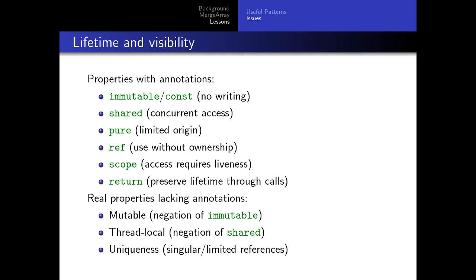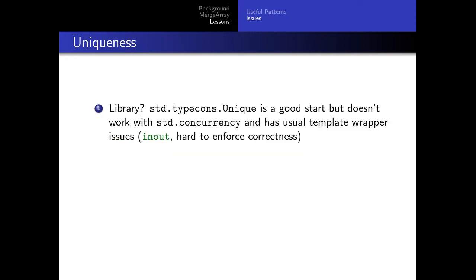But then there's also uniqueness, which is a real thing in the compiler, but there isn't any way of taking advantage of that in the language in terms of annotations. There's Typecons' Unique. It is nice that if you assign one unique thing to another unique thing, it'll null the first one out.